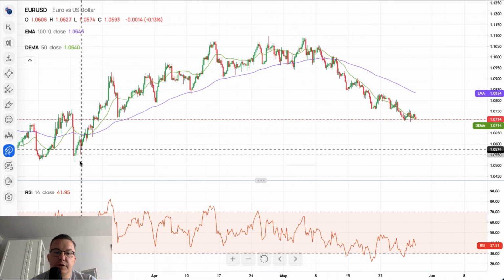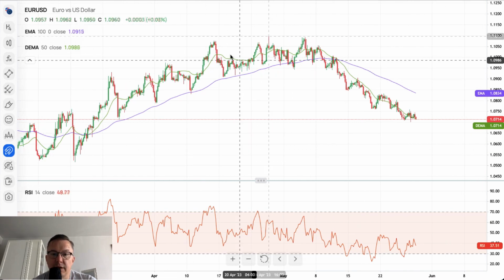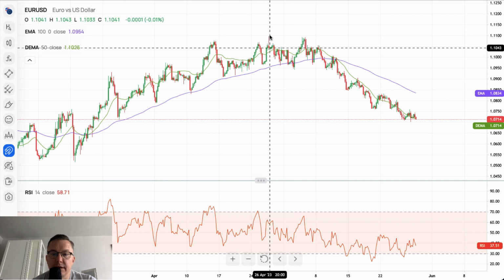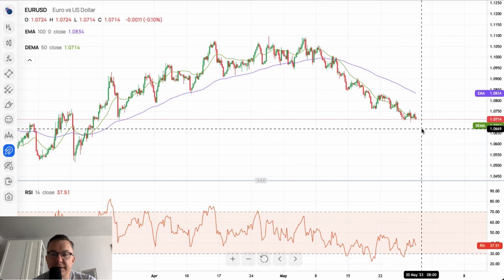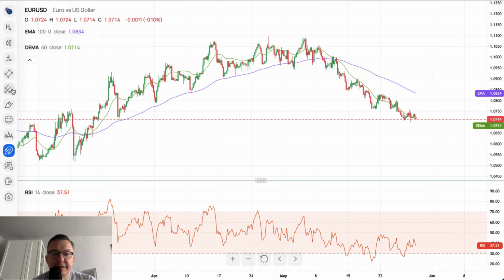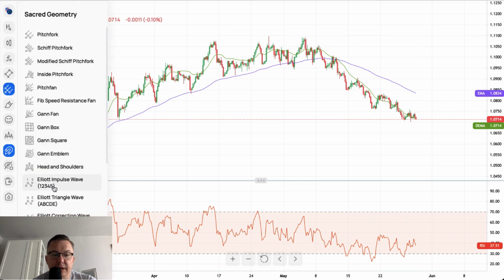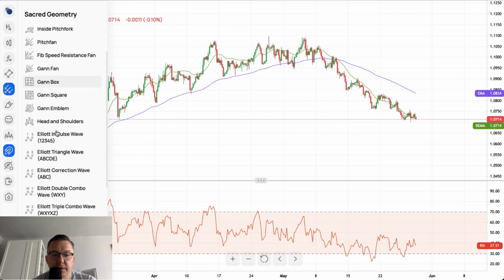bears. If we consider this low and of course this high, then that movement here is way below the 61% retracement. I can show it to you right now.